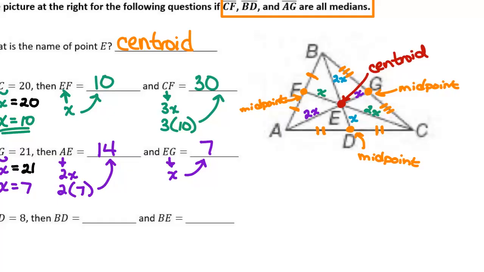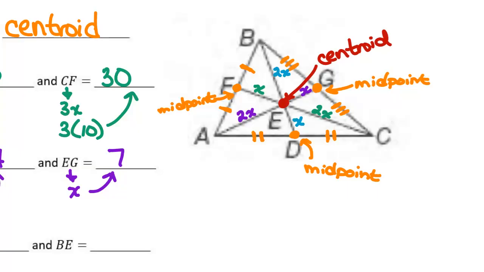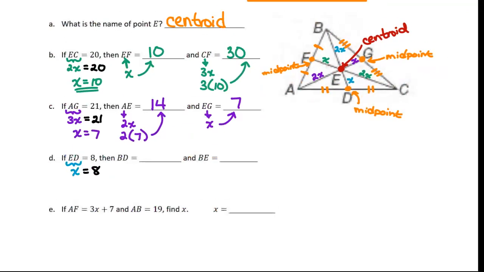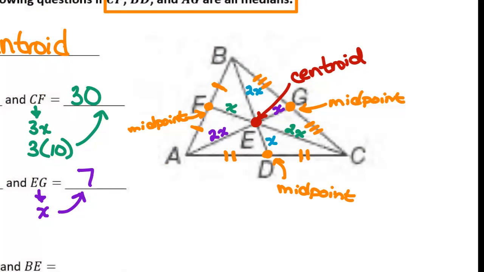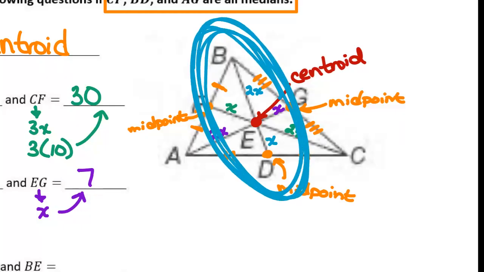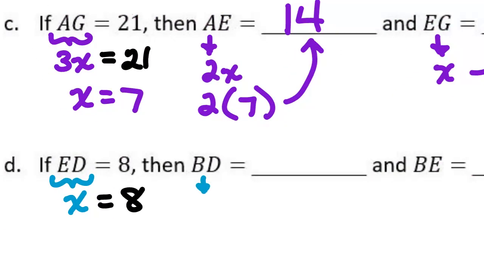All right, let's look at part D. It says that ED is 8. Here's ED. Is that 1x, 2x, or 3x? 1x. ED is just x. So that means for this median, x equals 8. So then if I look at BD, which is this right here, is that 1x, 2x, or 3x? 3x.